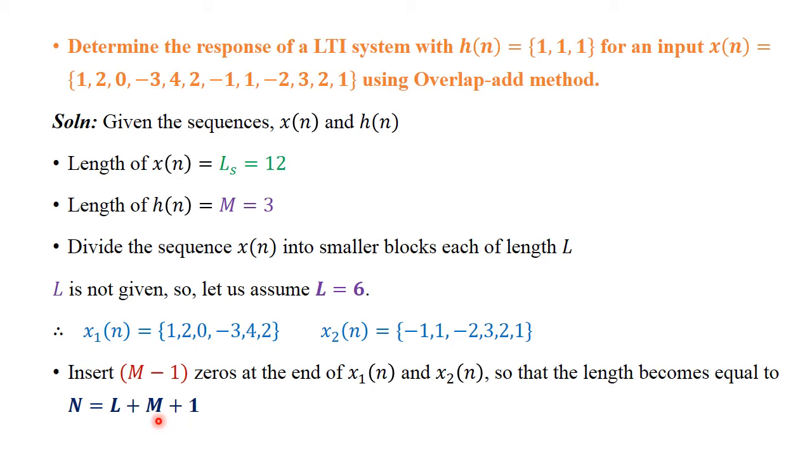So if you concatenate M minus 1 values, then the length of x1 of n becomes L plus M minus 1, nothing but capital N. Therefore, the length of both of these sequences must be equal to capital N, and we obtain that by default in all cases by concatenating M minus 1 zeros at the end part of the sequences. In both cases, at the end part of the sequence we have to add M minus 1 zeros.